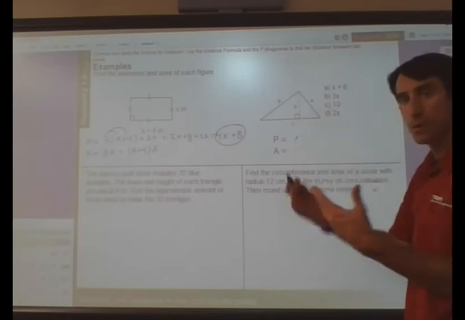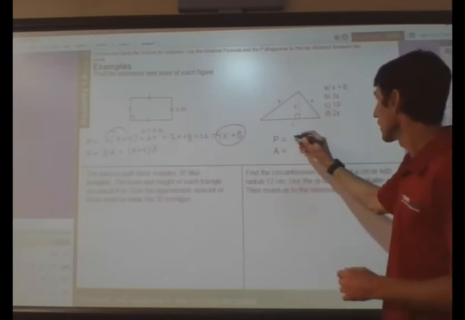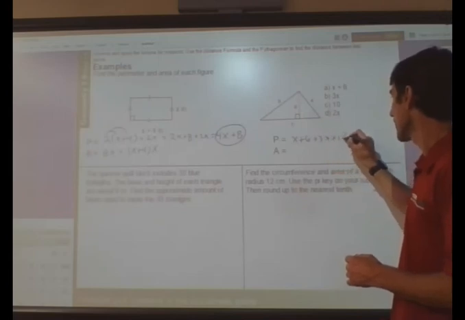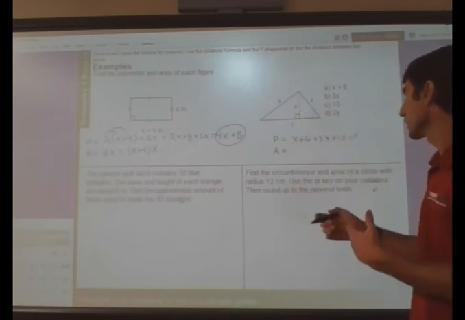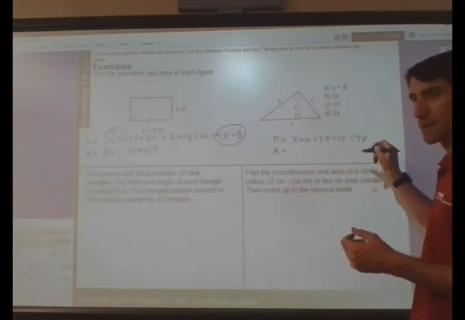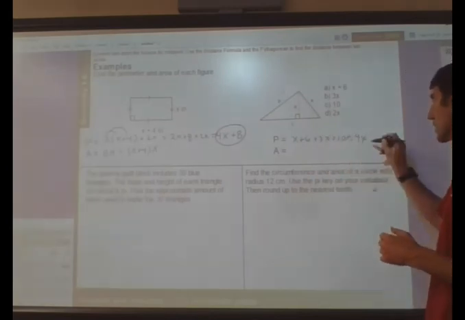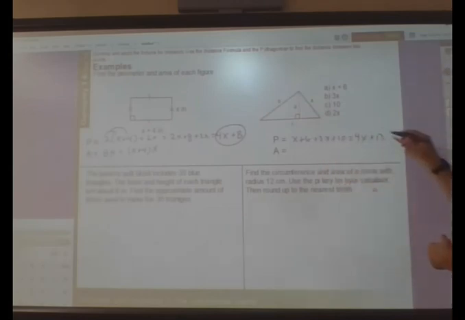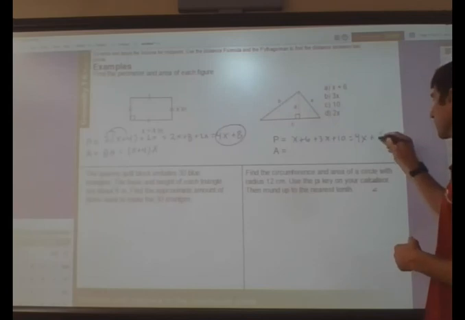So for the perimeter, let's put all of those things together. We have x plus 6 plus 3x plus 10. Well, adding them all together, x plus 3x is 4x. I jumped ahead a little bit. 3 plus 10 is 13. Plus the 6. Let's just add that now. So we end up with 19.